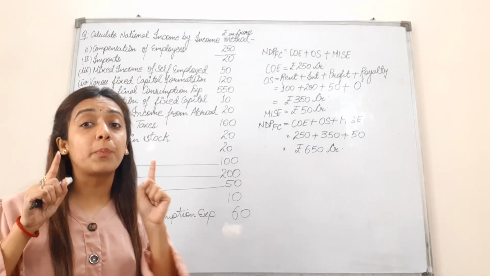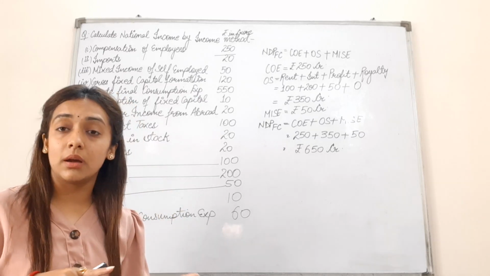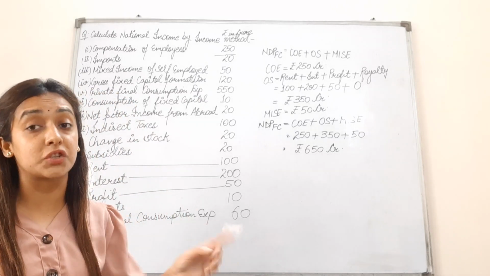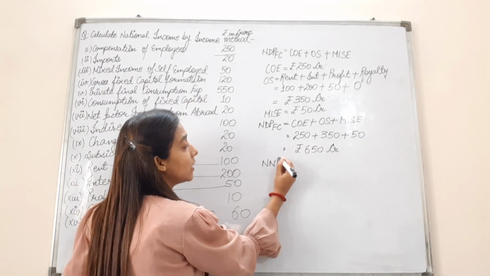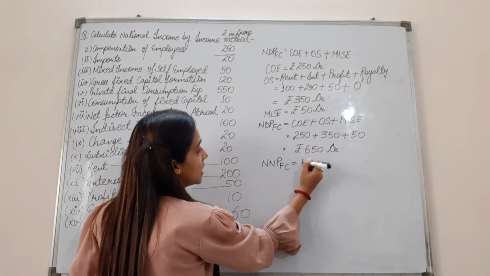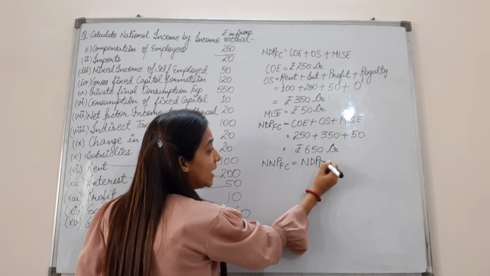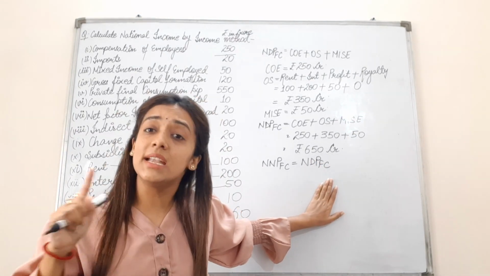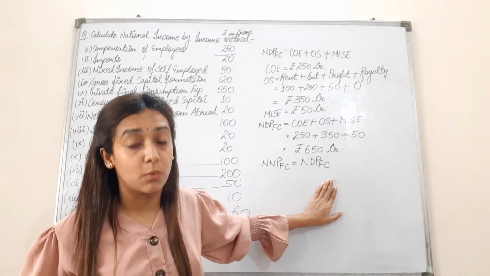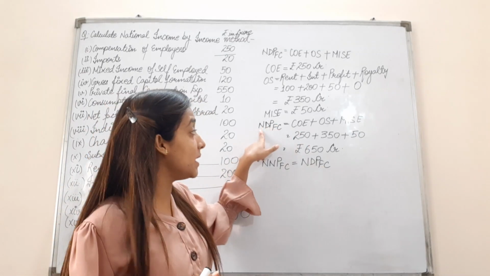So with the help of conversion, I have discussed the process of conversion in my previous video. You have to calculate NNP at FC. What we have is NDP at FC.